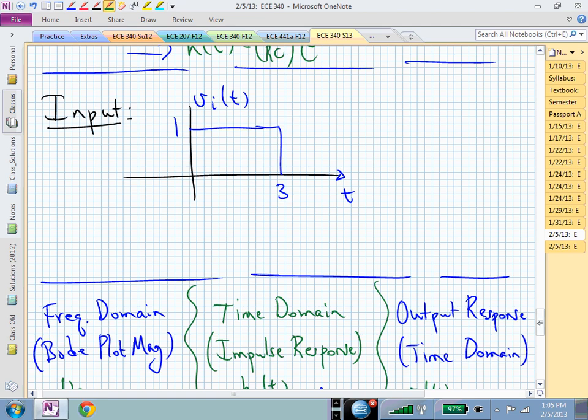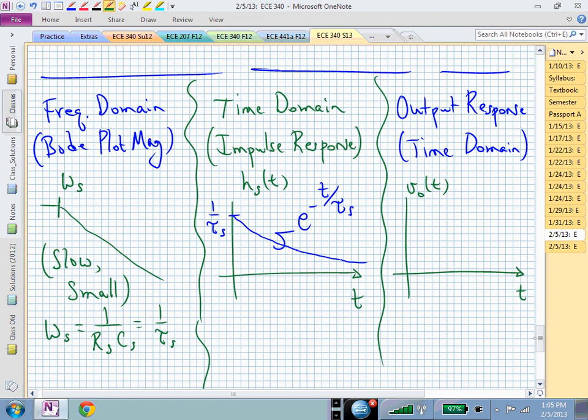The output response then up here is going to look, whoops, and then it'll hit 3, and then it just starts to decay.